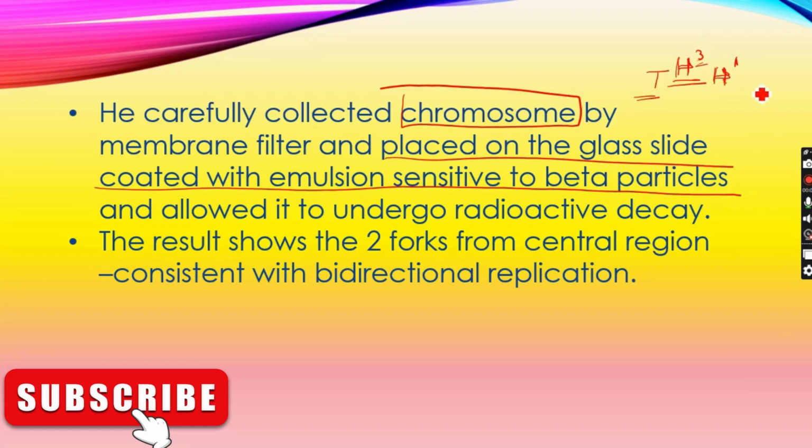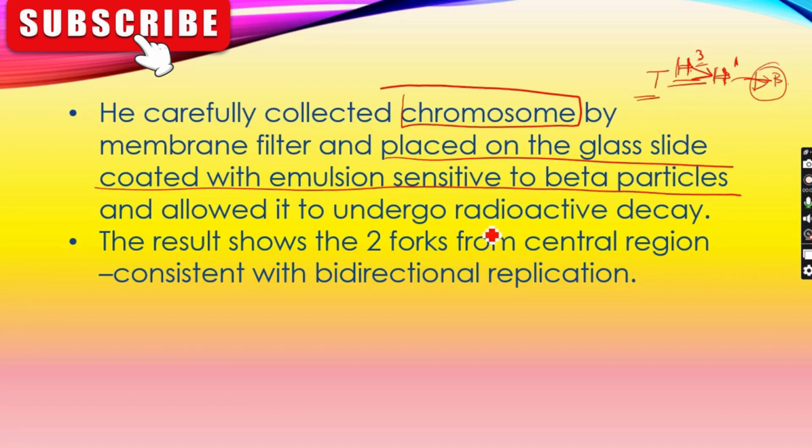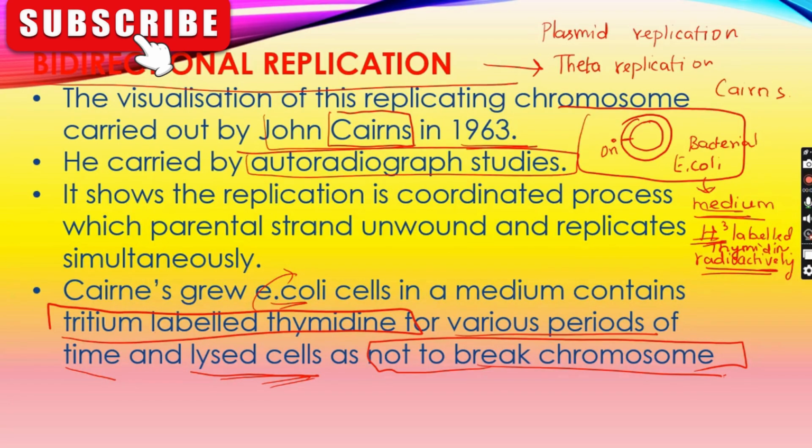It undergoes decay, releasing beta particles and converting tritium to normal hydrogen. The region where beta particles are released shows radioactive decay. He photographed this by the autoradiography technique and found out the replication.